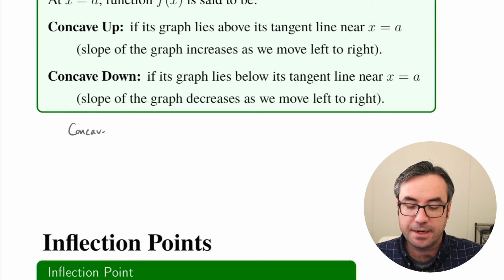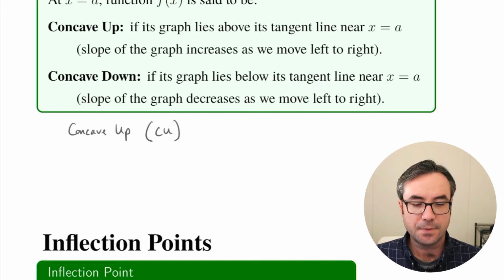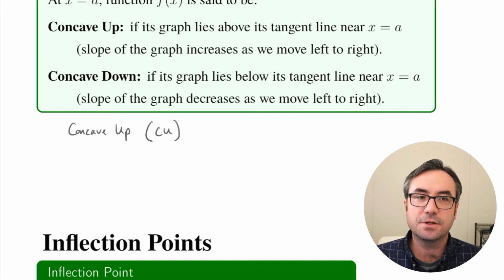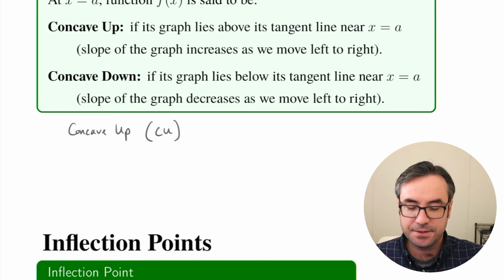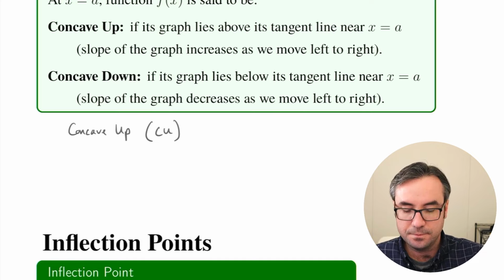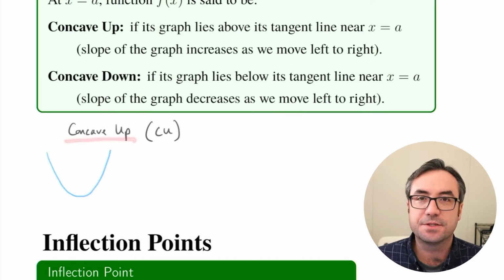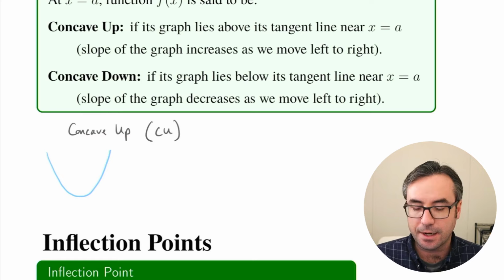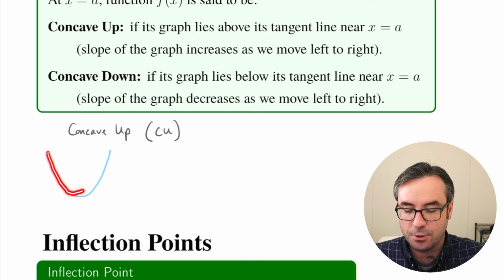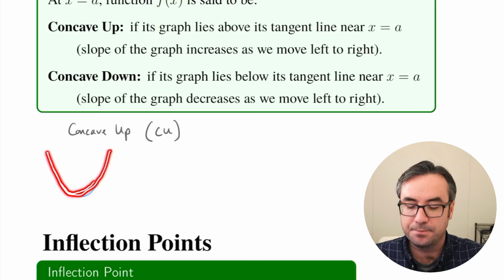So let's look at concave up. And a lot of times I'll abbreviate this with like CU or CCU. And so what a concave up function looks like, the way you can think of this is it's concave up like a cup. So it has this almost U shape to it.